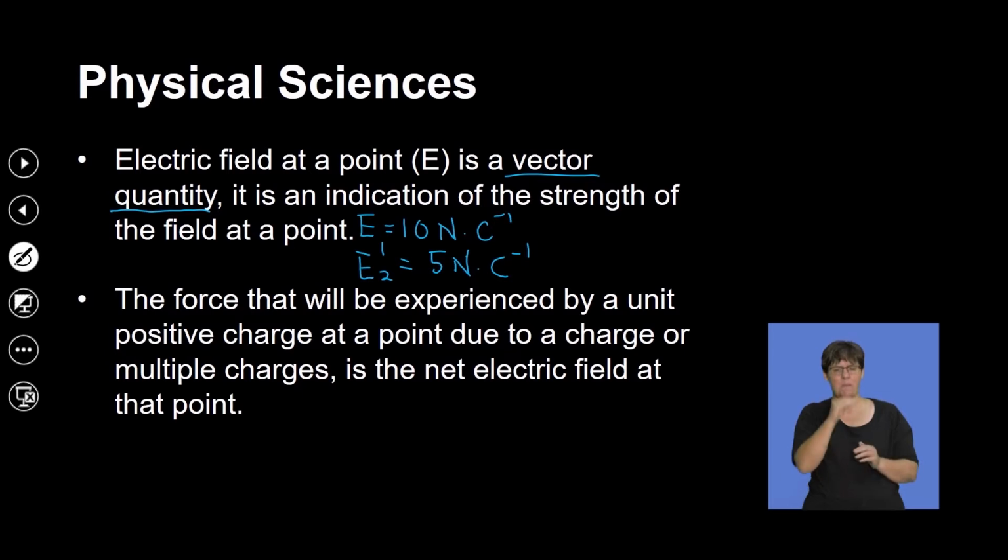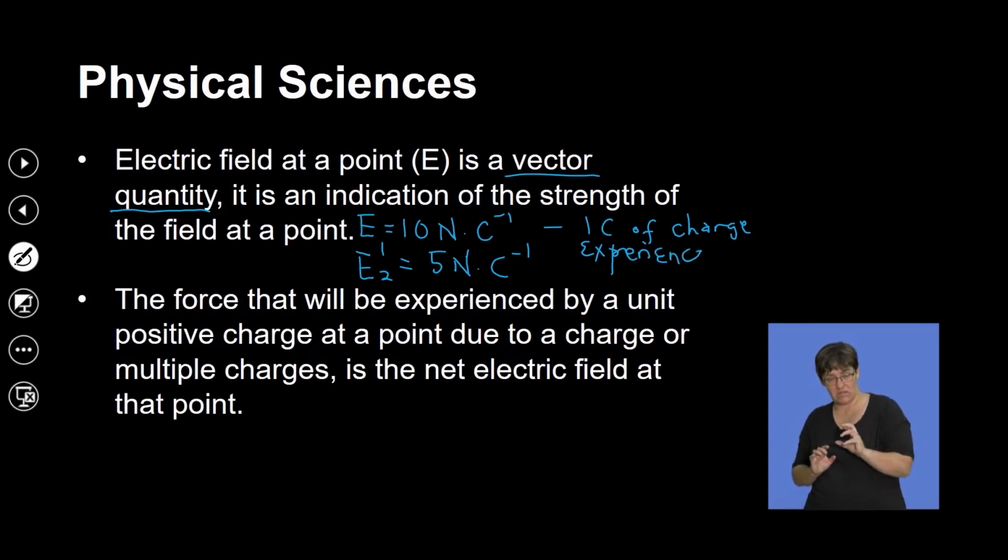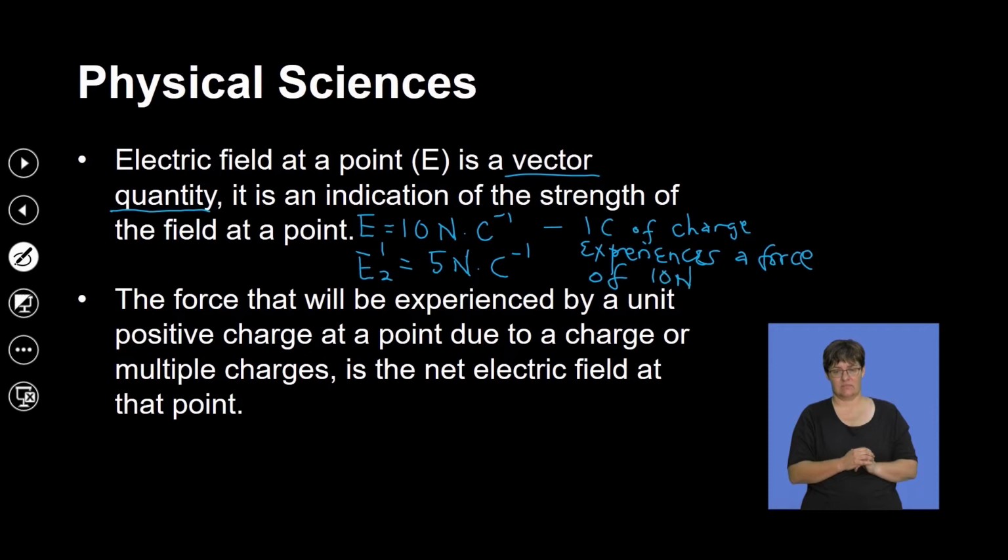What that simply means is that the electric field strength at point 1 is such that 1 coulomb of charge experiences a force of 10 newtons. This is exactly what we mean when we say the magnitude of electric field at a point is 10 newtons per coulomb.